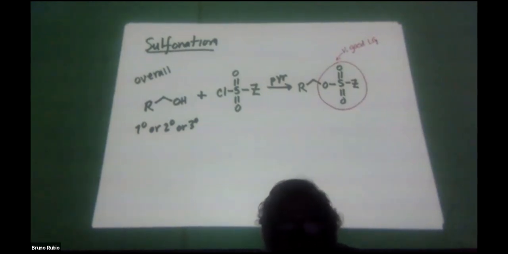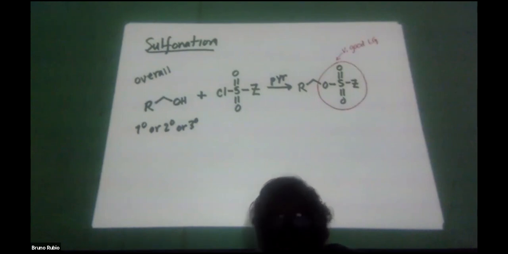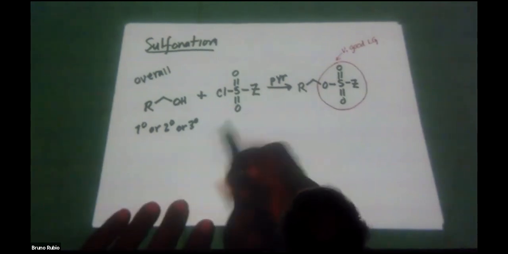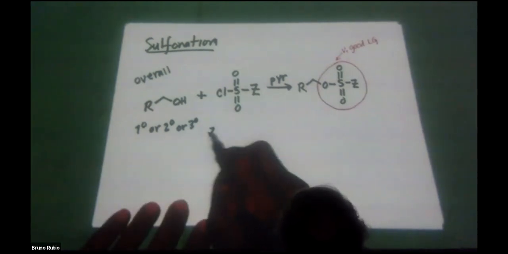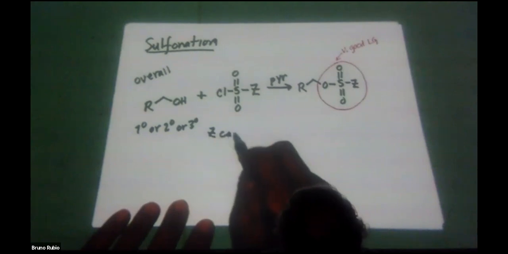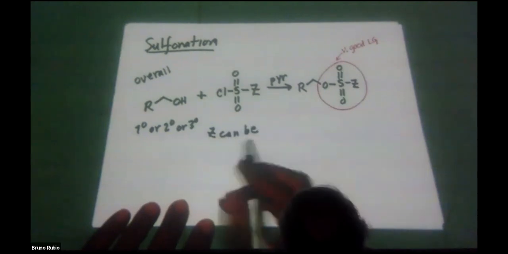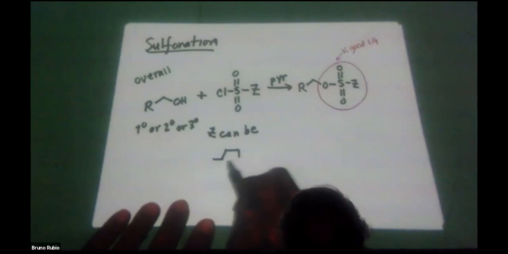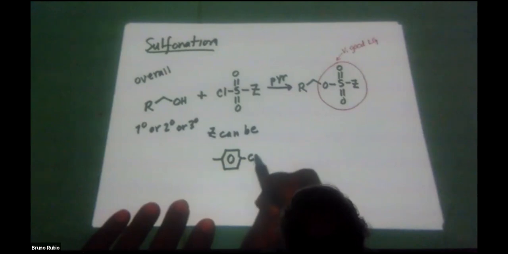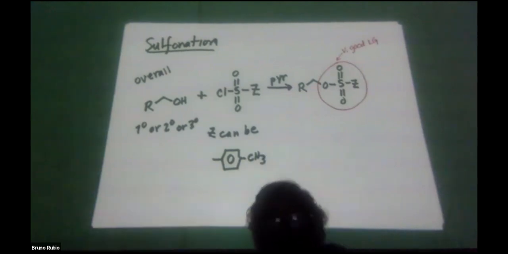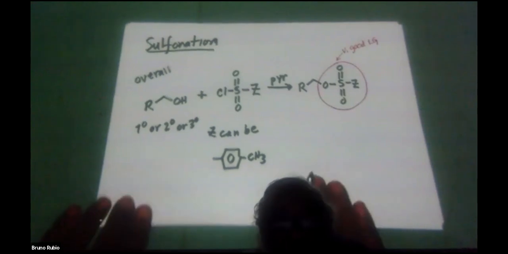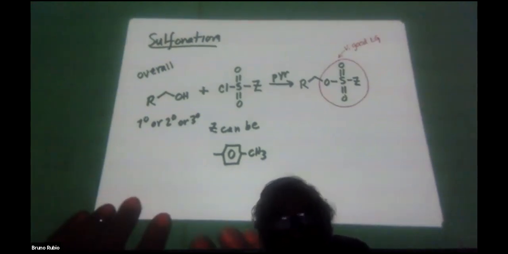Okay, now what about this Z business? Z can be a lot of things, but there are some standard moieties that Z can be. So let's make a listing of those. Z can be a benzene ring with a methyl group on it. And when Z is this, it is called a tosylate.